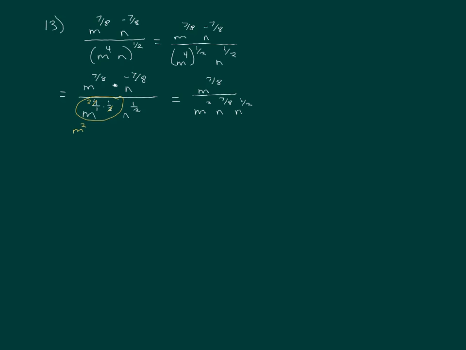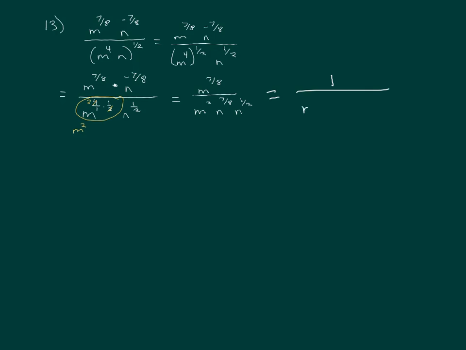So now we need to combine our m's and our n's. So we need to bring either the m to the 7/8 down or the m squared up. It doesn't matter. Eventually it'll work itself out. I'm going to bring m to the 7/8 down.